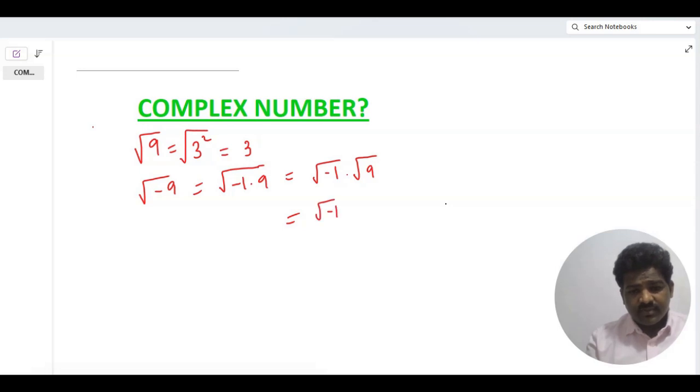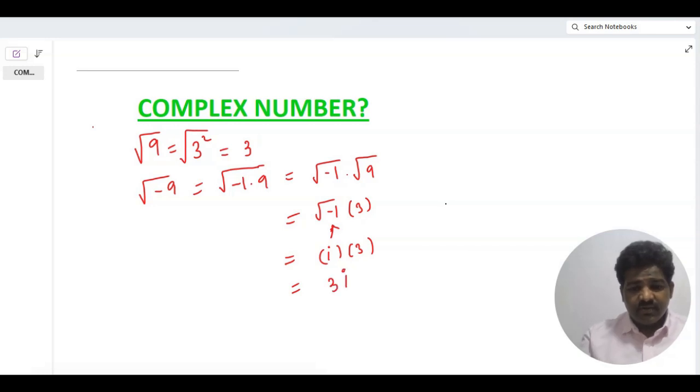The value of root 9 is 3, right? Now this number is there in the real system. This number, root of minus 1, is not existing in the real system. For this, our great mathematicians invented and kept a name, iota. So this one is iota. That means imaginary numbers. So we can write it as 3i.